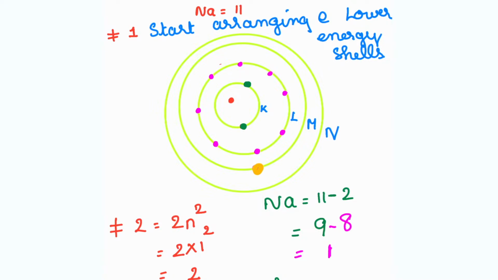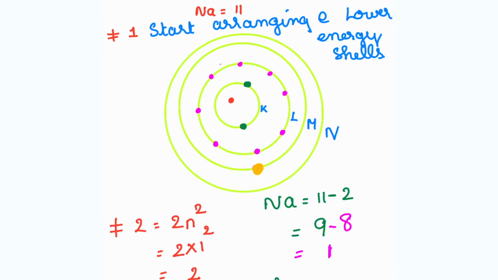So my atomic number of sodium was 11. So after distributing 2 electrons, I only had 9. And through this formula, I know that the next energy shell can have 8 electrons. So after placing 8 electrons, I had only 1 electron in the M shell. What does the third rule state?